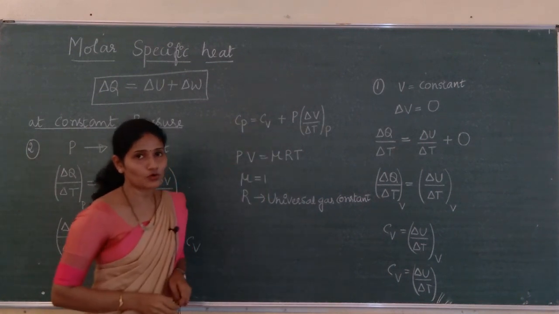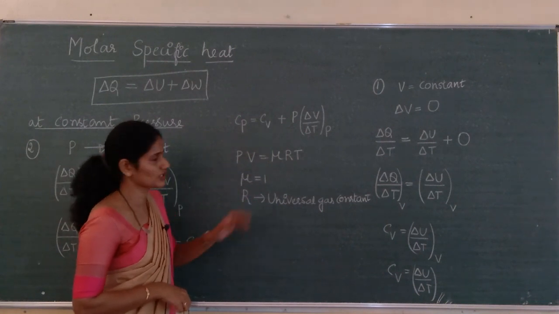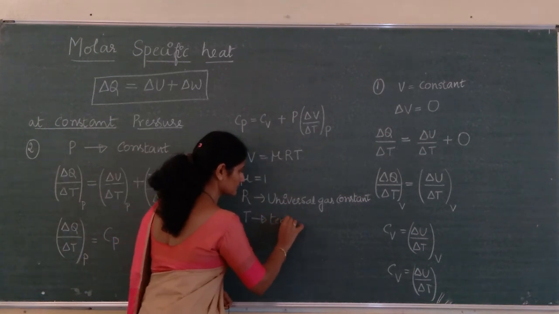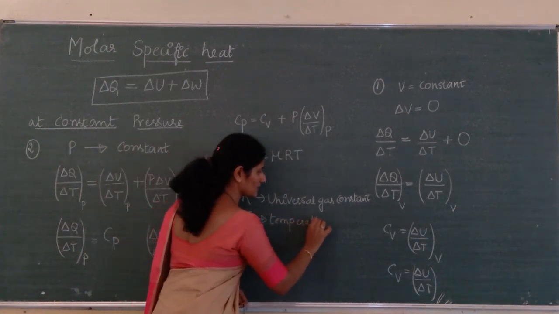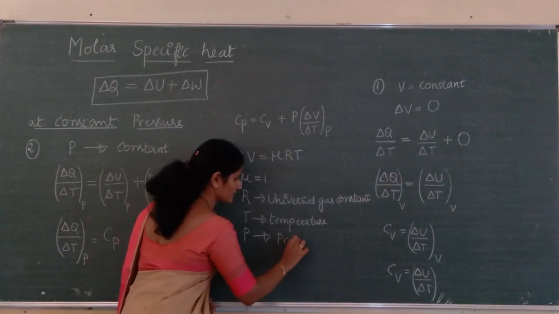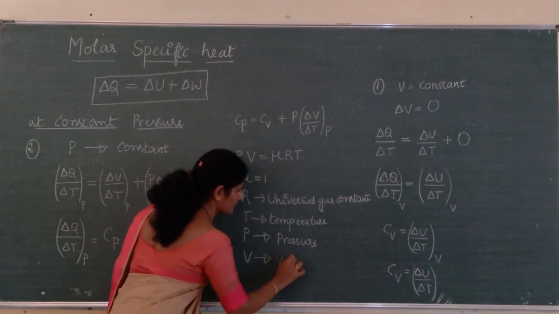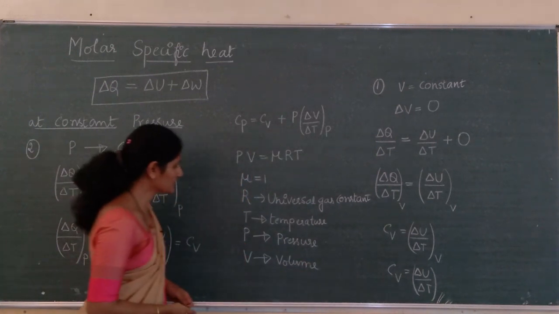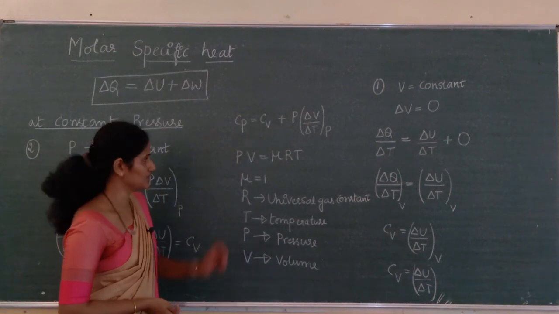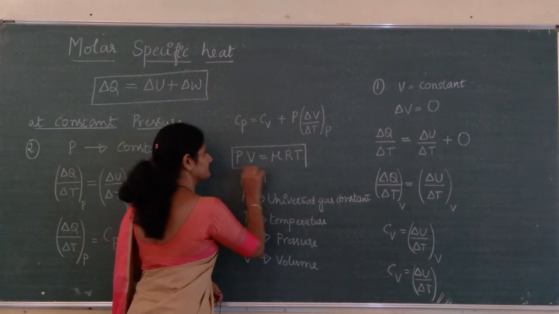Mu means the number of moles of gas. For 1 mole of gas, mu is equal to 1. T is the temperature. Pressure, volume, temperature, they are the thermodynamic state variables. So, PV is equal to mu RT is the ideal gas equation.